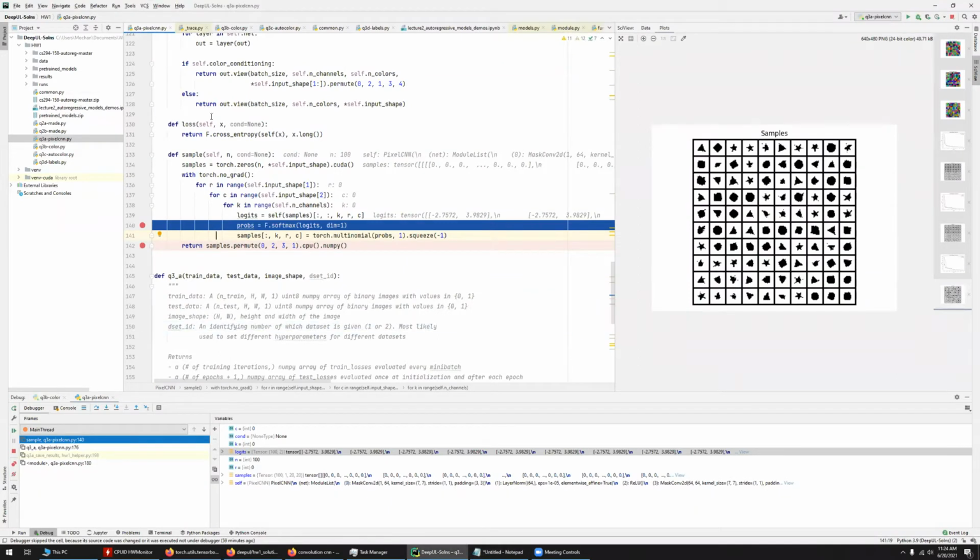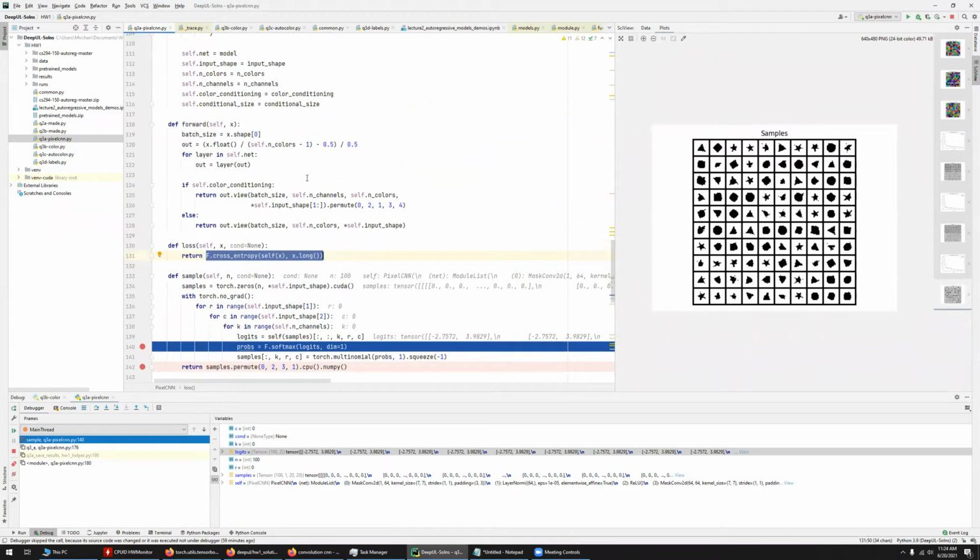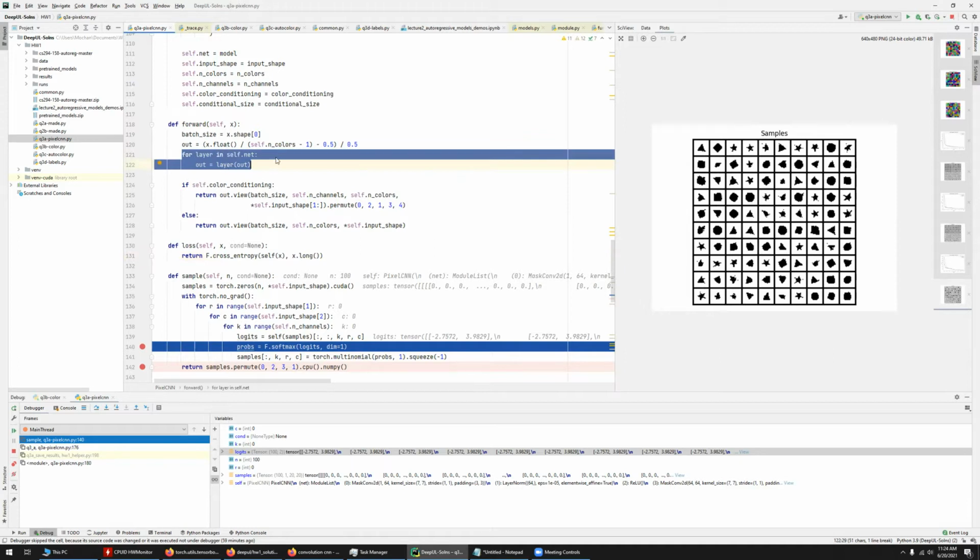Okay, and then yeah, the losses, it's just the cross entropy versus the one hot encoding, and the forward is almost the same. So yeah, for each layer, you just do the layer.out, and all of these are not relevant. So for us, but here.